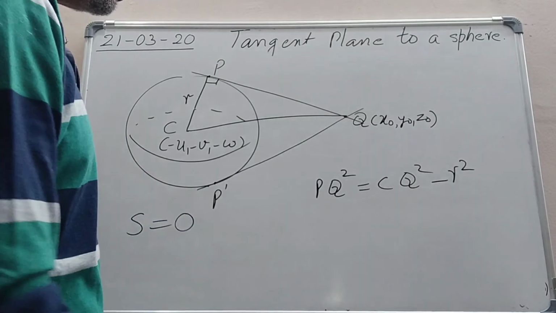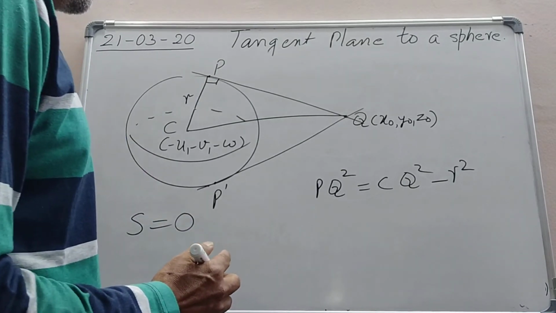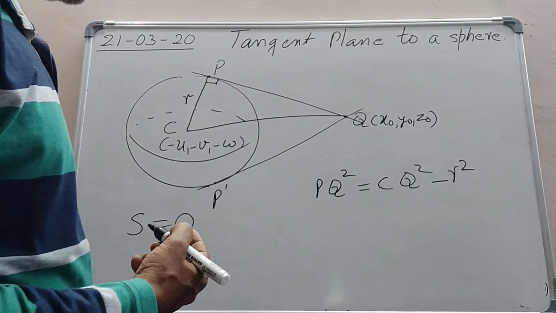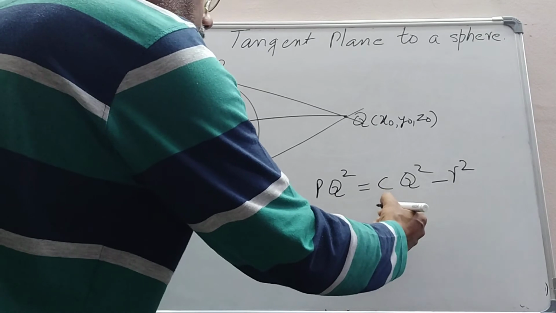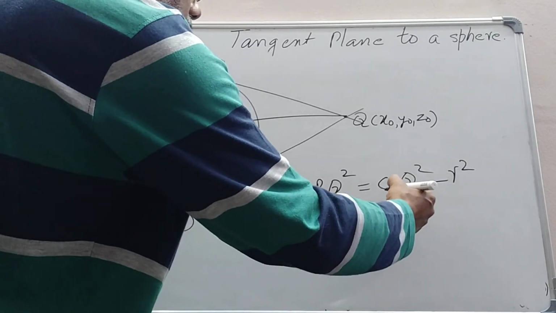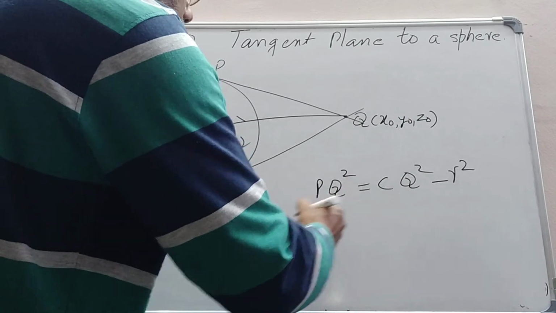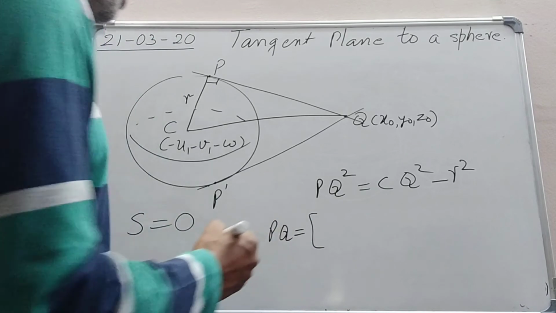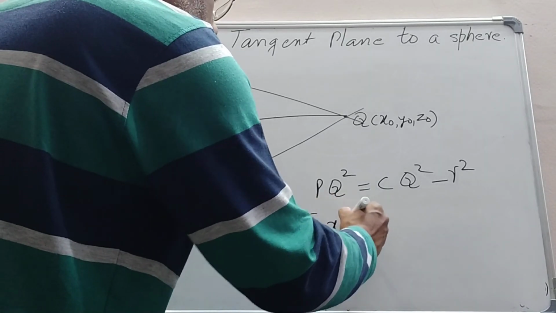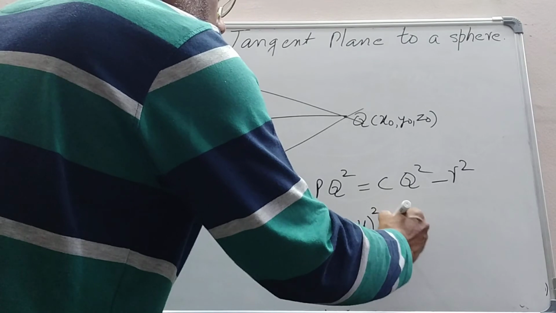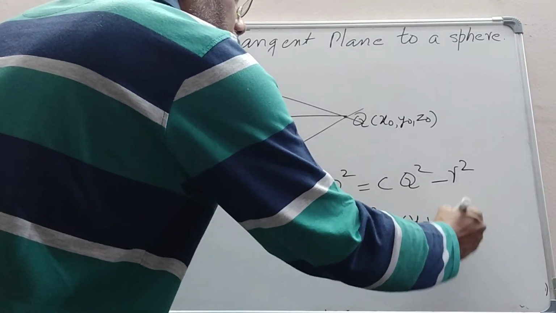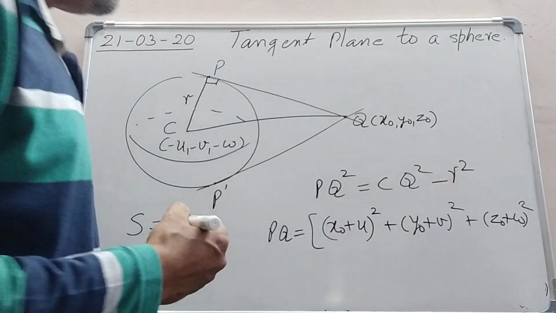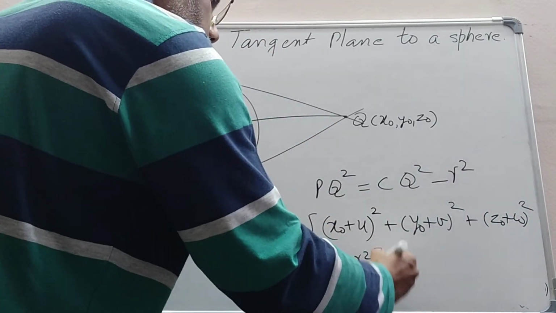Now CQ can be obtained by using the distance formula. So PQ is equal to square root of CQ square, which will be (x naught plus u) square plus (y naught plus v) square plus (z naught plus w) square, minus r square, raised to 1 by 2.